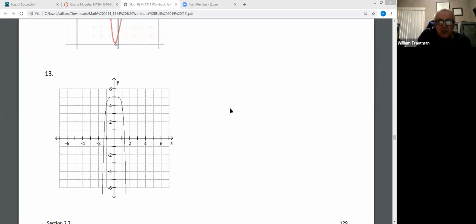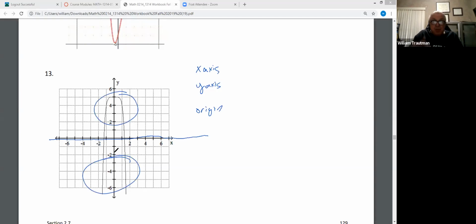All right, so we want to know if it's symmetrical with the x-axis, the y-axis, and then the origin. Here's the x-axis. I'm going to draw a line through the x-axis. Does the stuff on top look the same as the stuff on the bottom if I flip it?